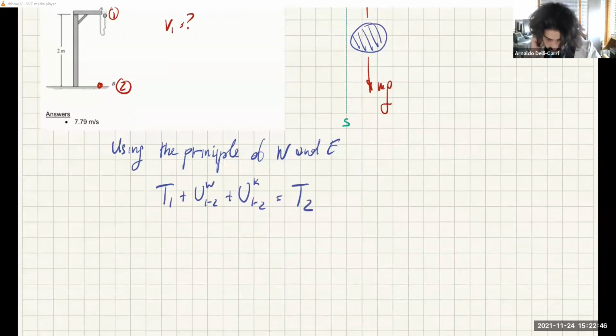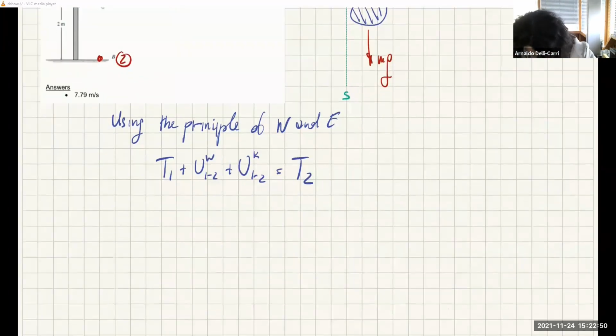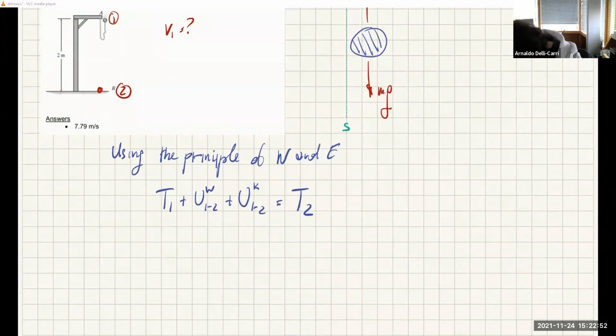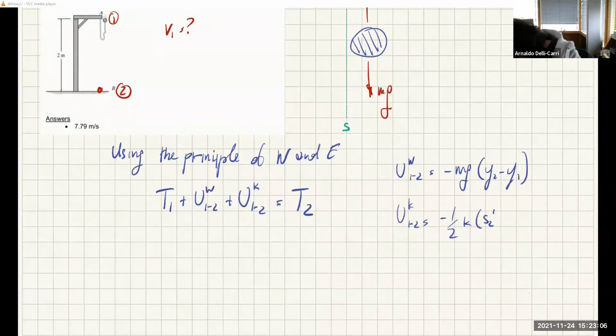That's it. There is no friction, no resistance. And so recall that the work U of the weight 1, 2 is minus mg times y2 minus y1. And U of the spring 1, 2 is minus half k times the stretch 2 squared minus the stretch 1 squared. And we have the idea.